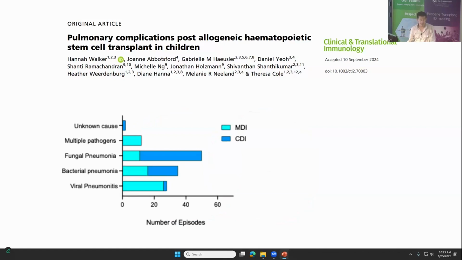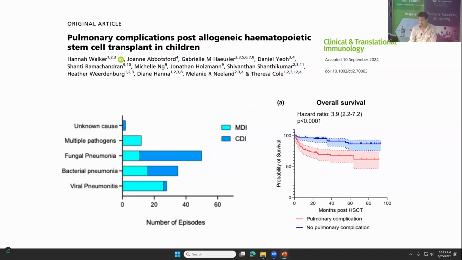Looking at infectious complications in this group, fungal pneumonia was the most common. Importantly, again, overall survival in those who had pulmonary complications was significantly lower compared to those who didn't. Of the deaths attributed to pulmonary complication, fungal infection contributed to at least a quarter of those. So it's an important cause of morbidity and mortality in the allogeneic stem cell transplant setting in children.